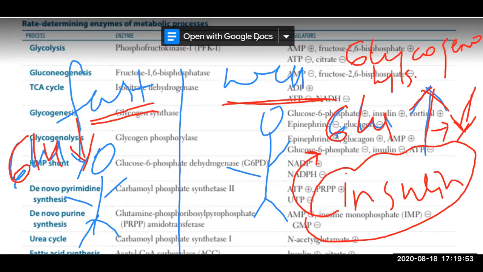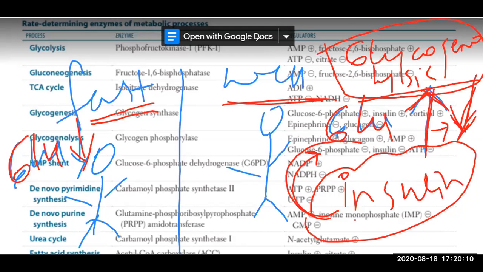No, you will not be running glycogenolysis. Why? Because glycogenolysis gives you more glucose and your body is secreting insulin to decrease the level of glucose. So insulin will inhibit this cycle too. Understand? Insulin will inhibit this cycle so that the level of glucose in your blood comes down.